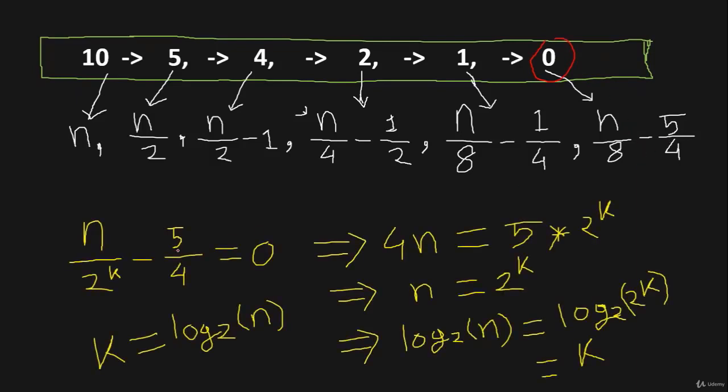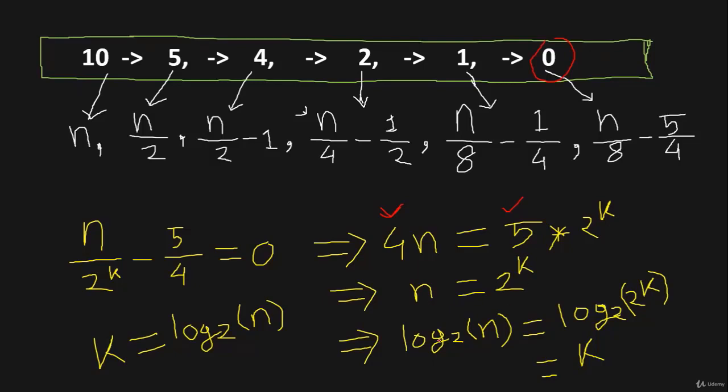So here we can see n divided by 2 to the power k, so we can rewrite it like this: n divided by 2 to the power k minus 5 divided by 4 equals 0. So we can rewrite this equation as n equals 5 times 2 to the power k. Since 5 and 4 are constants, we removed them, so n equals 2 to the power k.